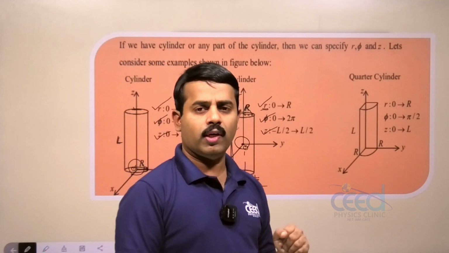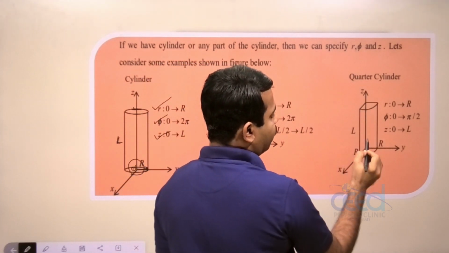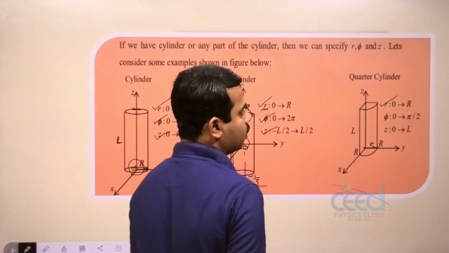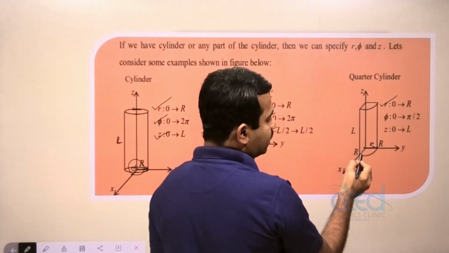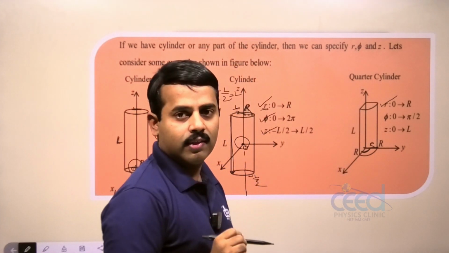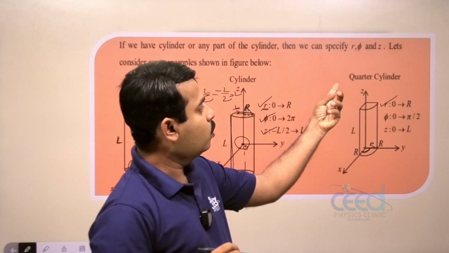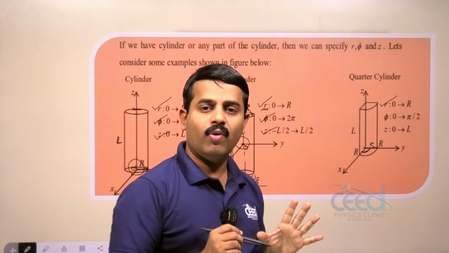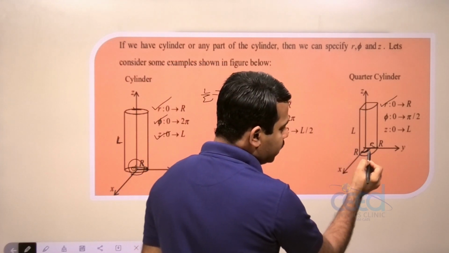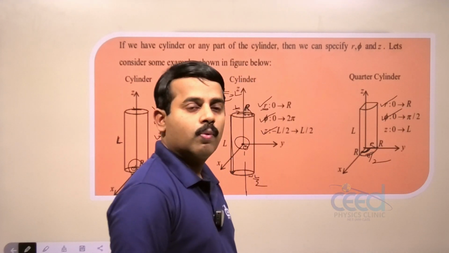Now suppose you are considering this much part only. Then definitely the radius R is given, so r is varying from 0 to R. But for phi, in this quadrant only we are choosing the cylinder. One octant only we consider, so a quarter cylinder only, one fourth part only I am considering. Then phi requires this much value only. This is pi by 2, then phi is varying from 0 to pi by 2.